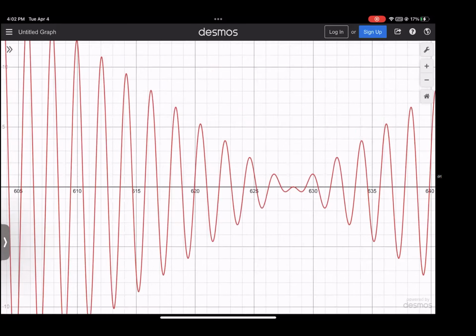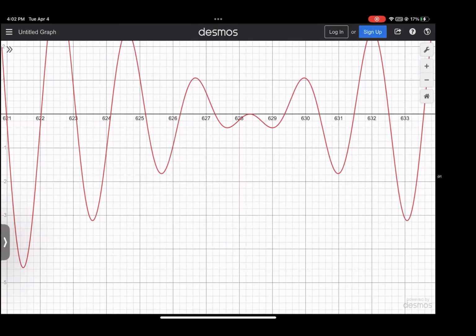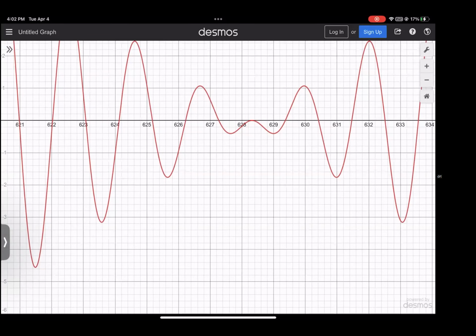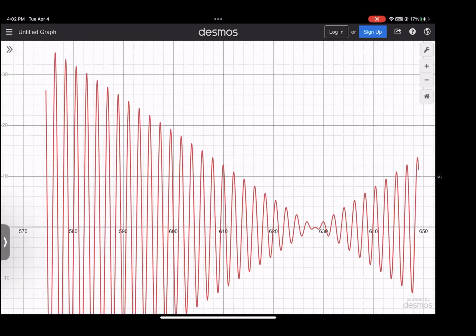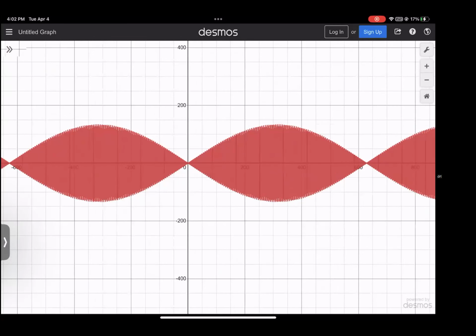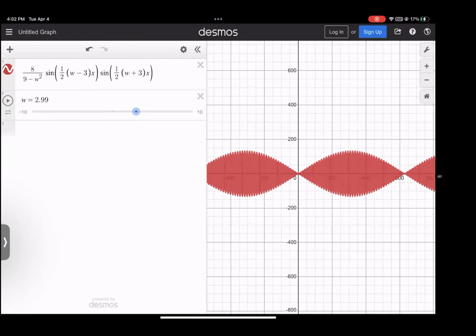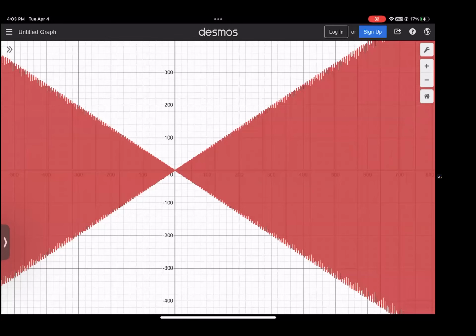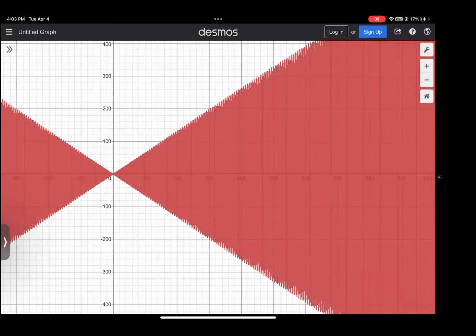Way out near 628, around that area. And we've seen the closer and closer you get, if we want a little bit more, and I'm just going to do it because I've got Desmos all revved up here. Wow. So there's omega is 2.999.